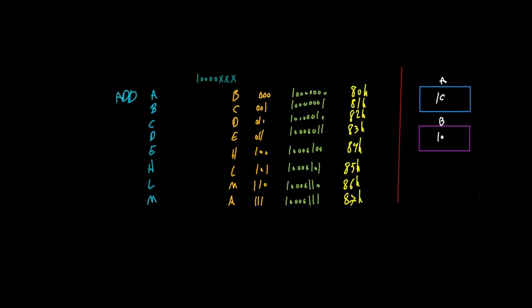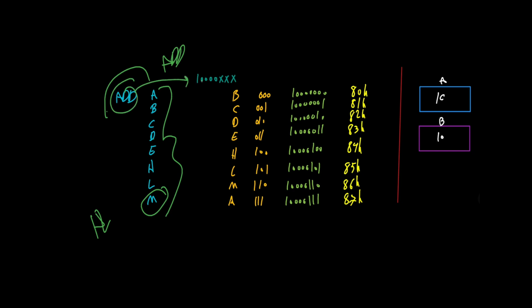These instructions are like this: ADD A, B, C, D, E, H, L, and M. They mean that I want the content of the A register to be added with one of these registers, or the memory that the HL register pair is pointing to. Now the opcode for ADD is 10000, and then 3 bits which specify the other operand, the contents of the other register that should be added to the register A. So register A, like always, is one of the operands.